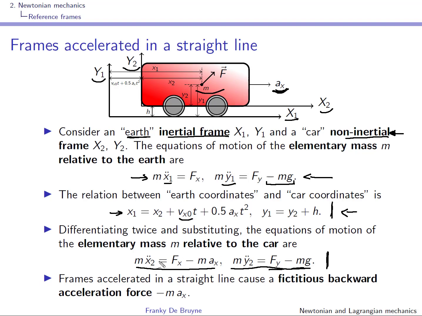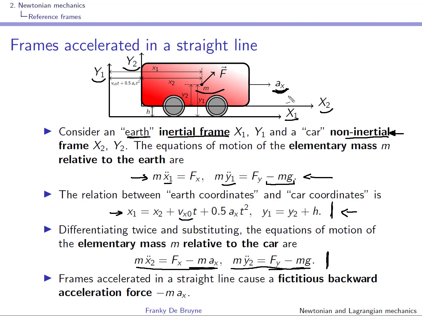So you have mass times acceleration in this non-inertial frame, then you have the force that is acting on the mass, and there is this term that is appearing, which is a fictitious force. It comes from outside the reference frame. You can see that here.